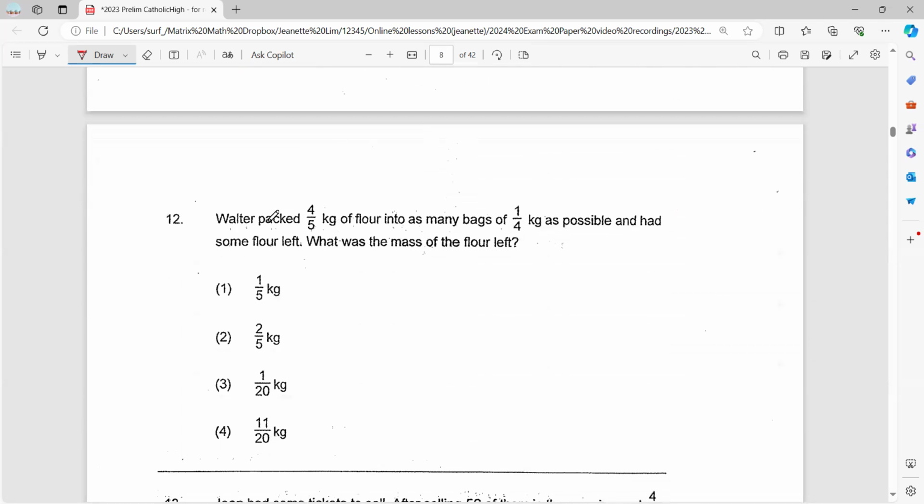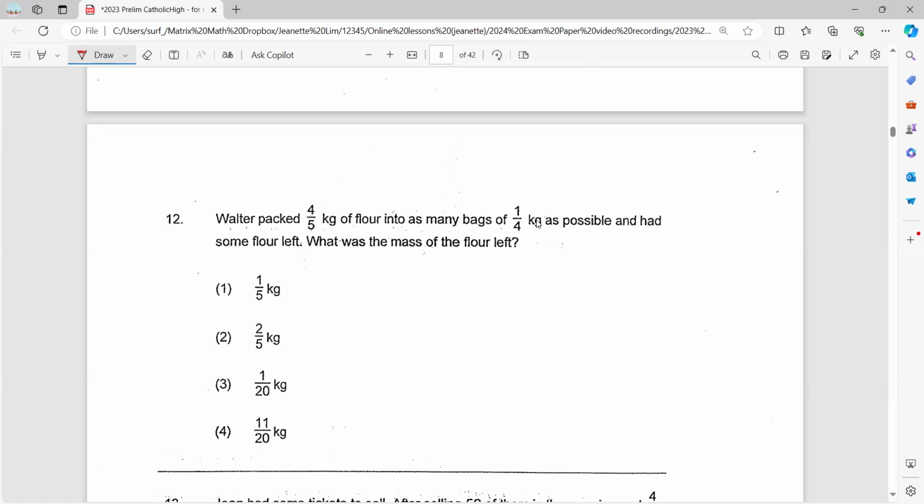Question 12. Walter packed 4/5 kg of flour into as many bags of 1/4 kg as possible and had some flour left. What is the mass of the flour left? Now, 4/5 kg, if you want to pack it into bags of 1/4 kg, you have to divide, right, to find how many bags.